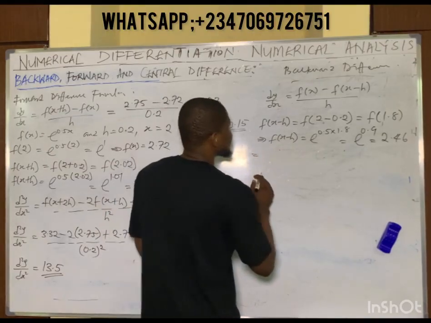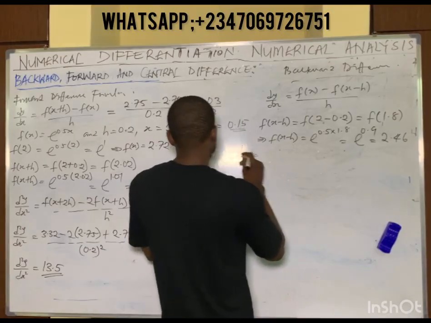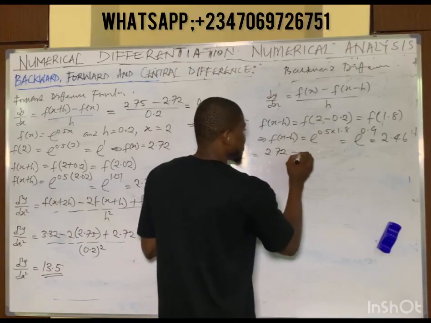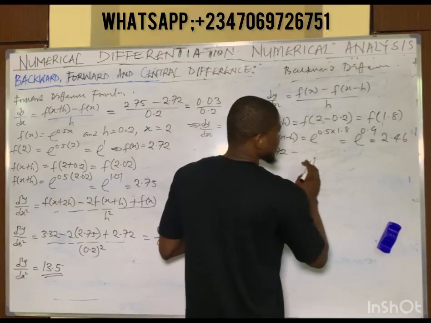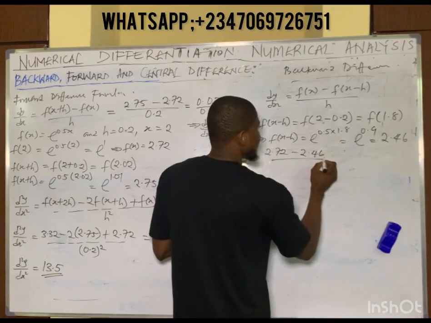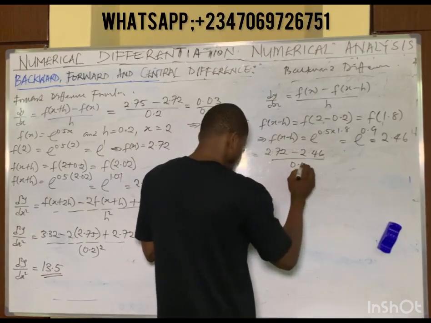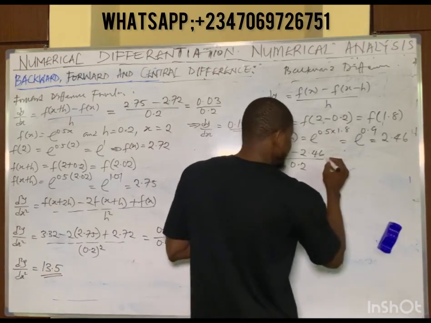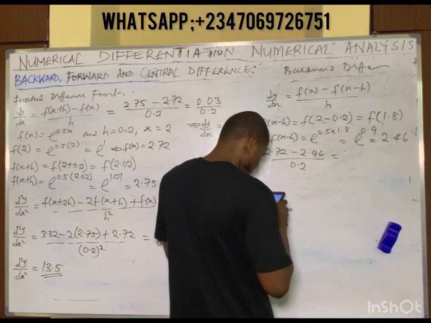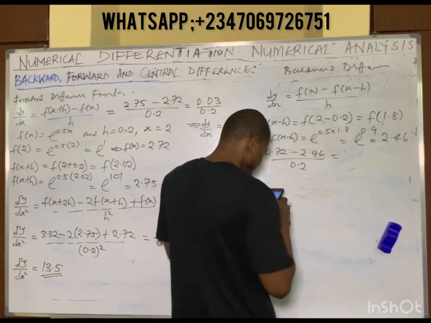2.46. So we can now use it to compute the first derivative for the backward difference. So dy dx is simply f of x, that's 2.72, minus f of x minus h, that is 2.46, divided by h, that is 0.2. So this is going to be equal to 2.72 minus 2.46.